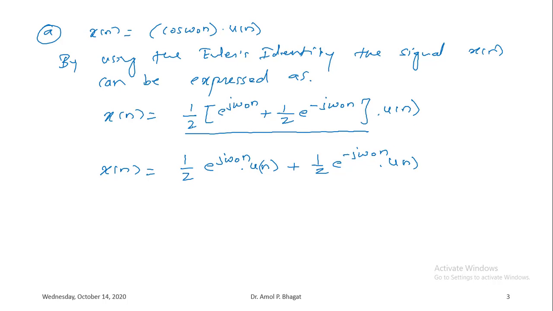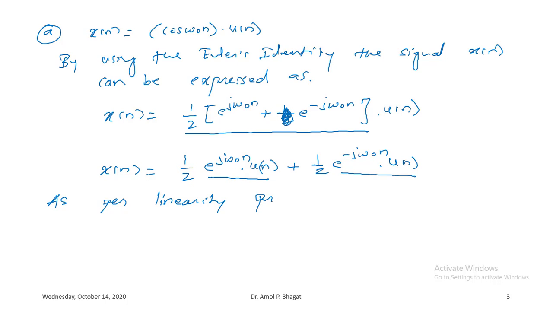Here the 1 by 2 is in the bracket: 1 by 2 times e to the power j omega 0 n plus e to the power minus j omega 0 n, into u of n, so 1 by 2 has been multiplied inside, and similarly u of n has been multiplied. As per the linearity property, this is your x1 of n, this is x2 of n, and the 1 by 2 and 1 by 2 are your constants a1 and a2, sharing the same value.